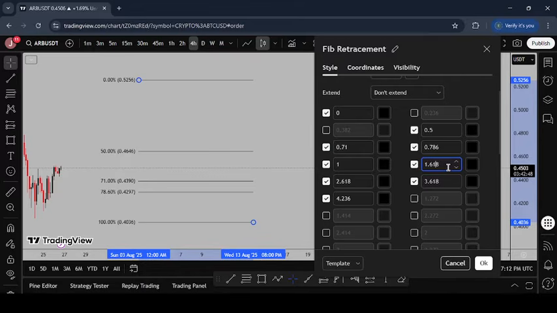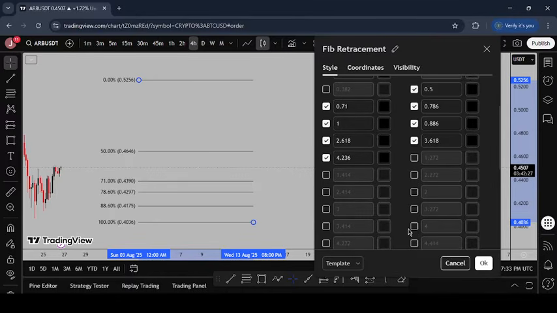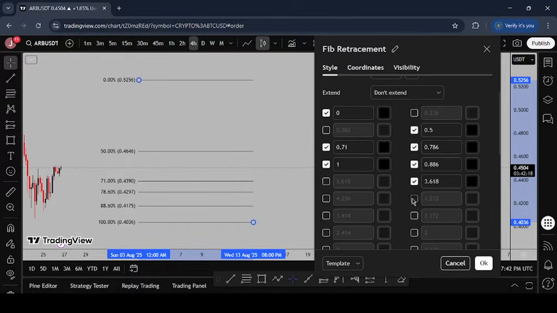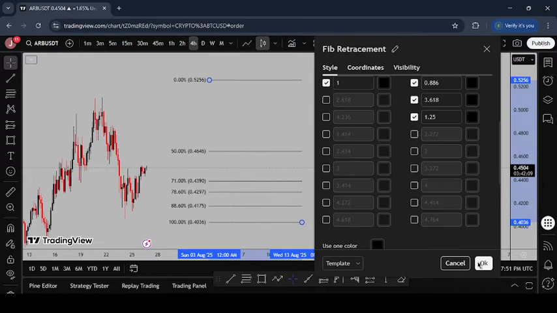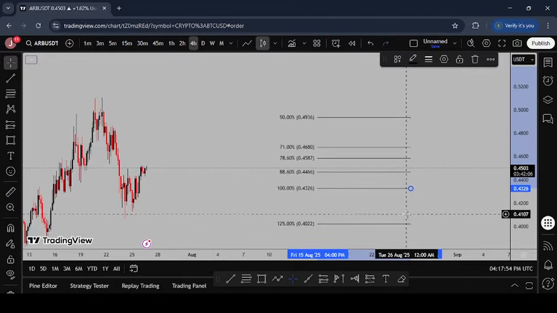My good levels, I use the 88.6, 78.6. Good. So I have 71.6, 78.6, and the 88.6 levels. Then I take out this, I don't need it. Then I add one more, which is 1.25. Good, beautiful. So this is just my settings. I click on OK.